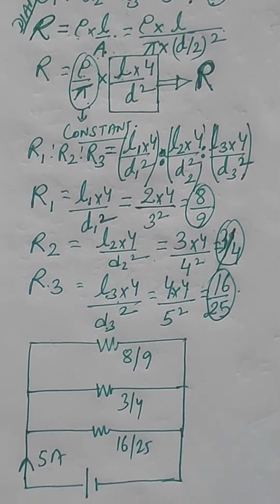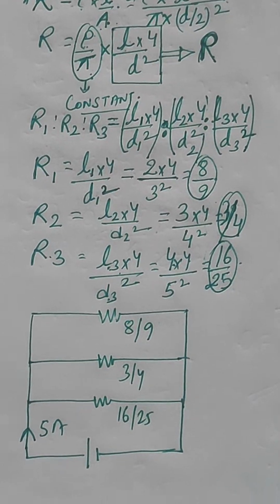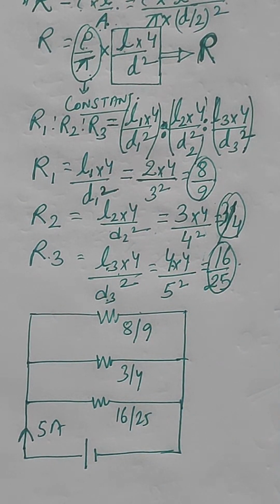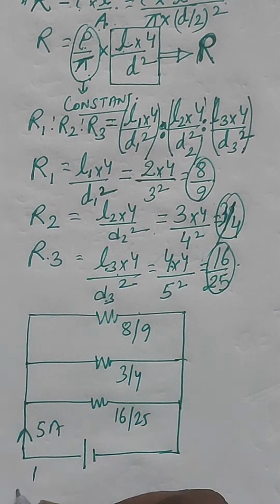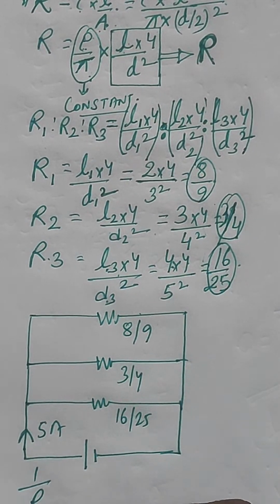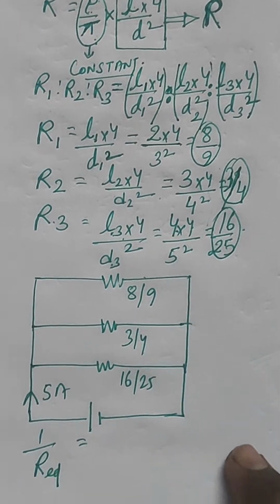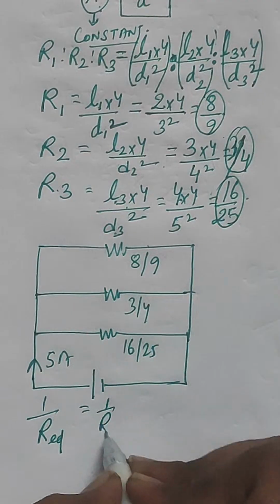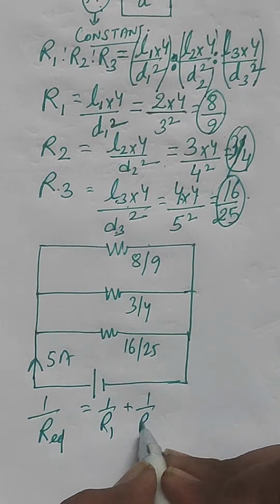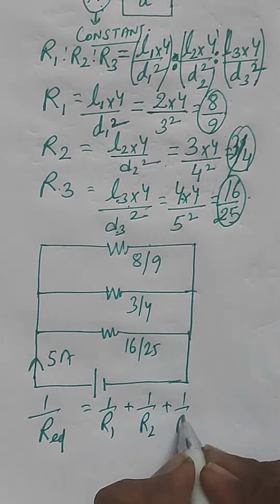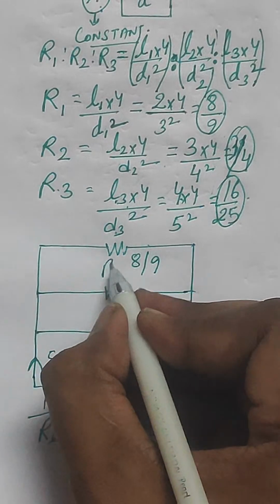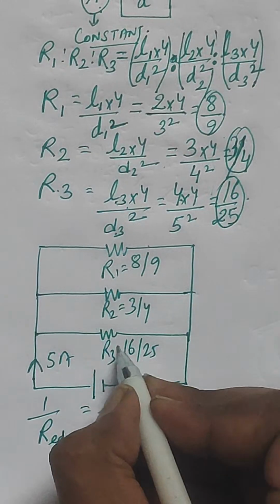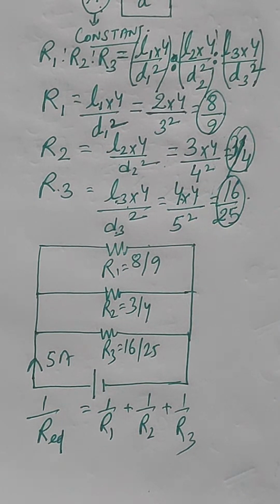Now here you can see R1, R2, R3 are connected in parallel, right? So what will be the equivalent resistance? R equivalent will be calculated as 1 by R1 plus 1 by R2 plus 1 by R3, where this is R1, this is R2 and this is R3, which is calculated.